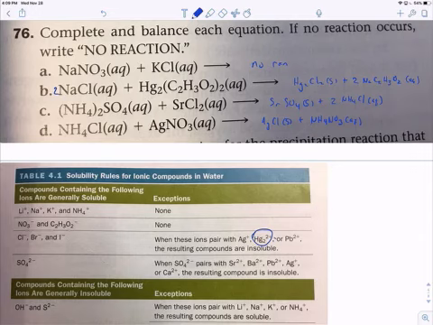Just taking time. You can see that they react, so.